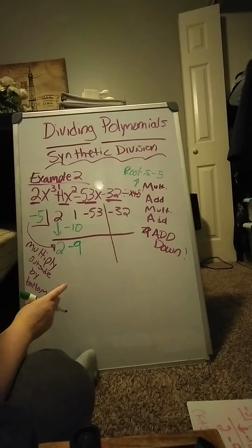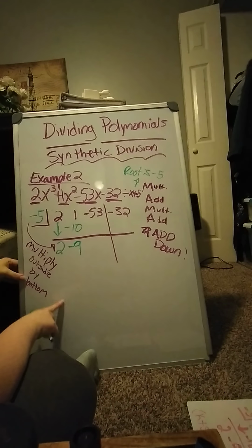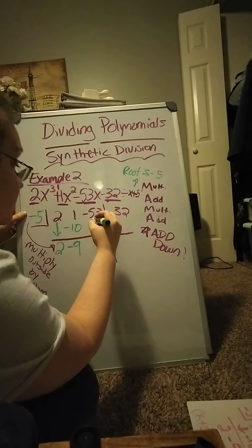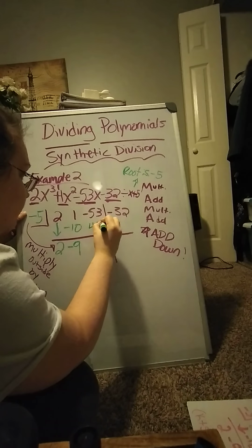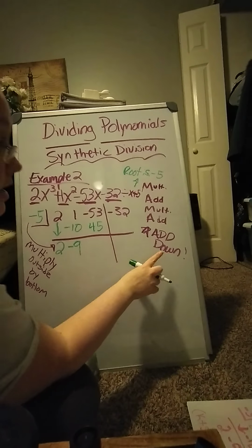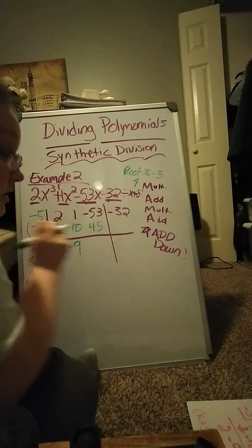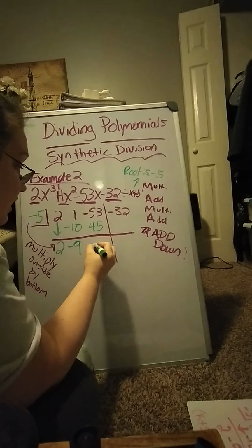And then I multiply again. Outside by bottom. -5 times -9 is positive 45. Then I add down. -53 plus 45 is -8.